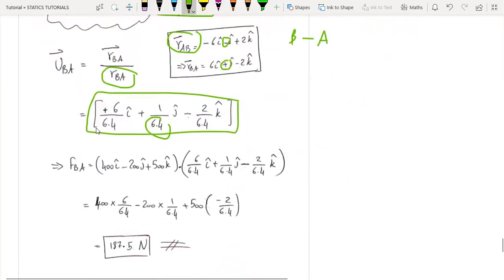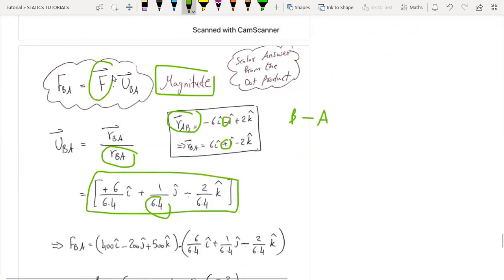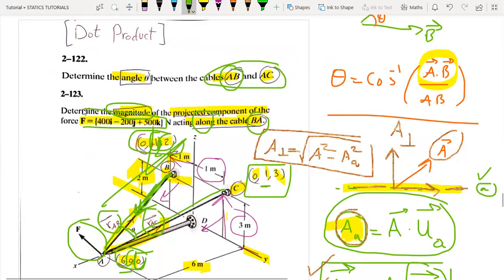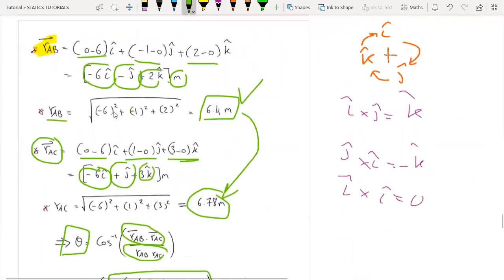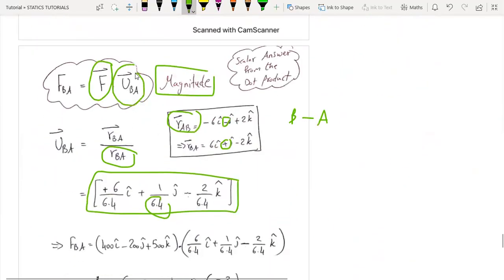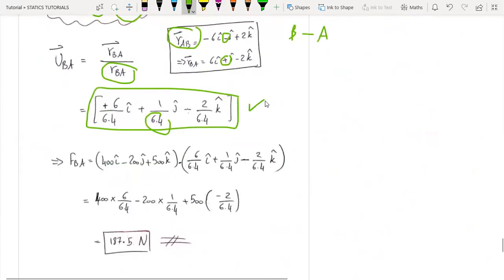Anyway, here is our force vector F, which is given in the problem, and we have just calculated the unit vector of BA, which is this one. So this is the dot product with the unit vector.